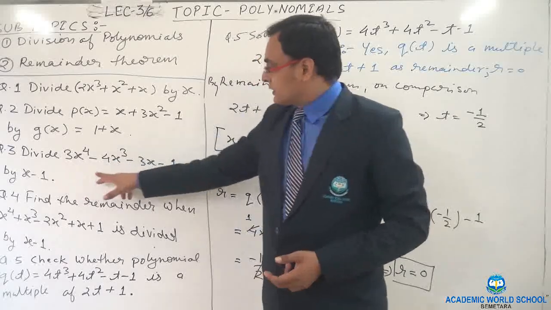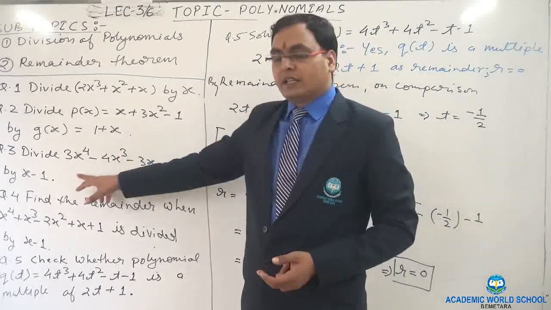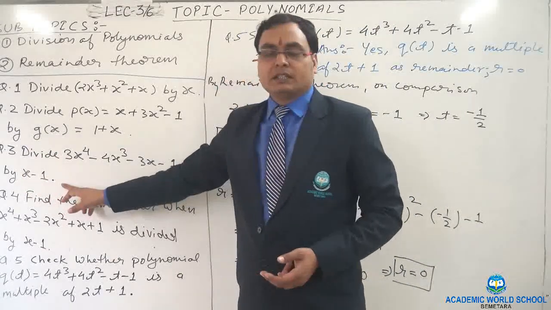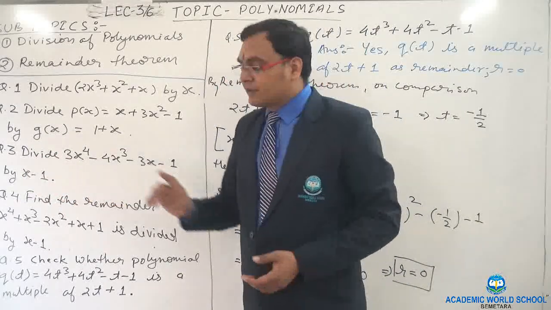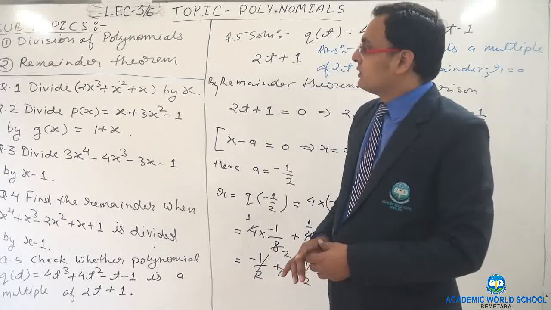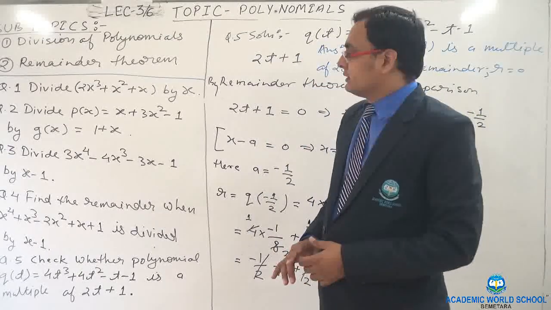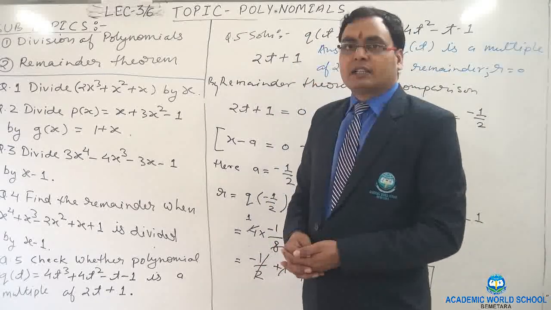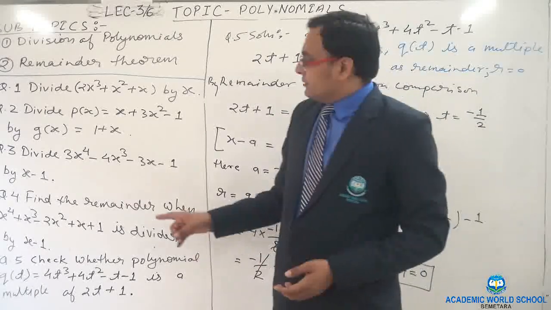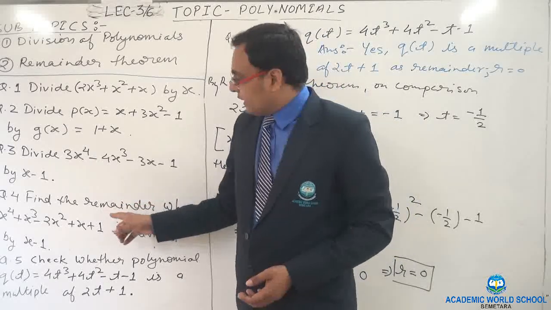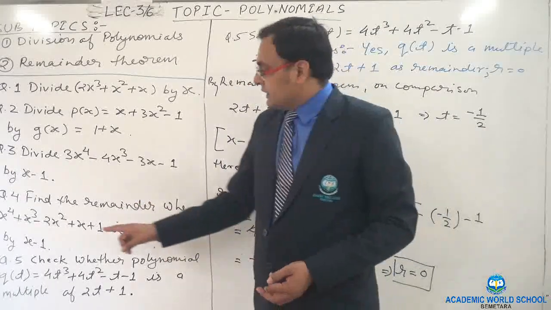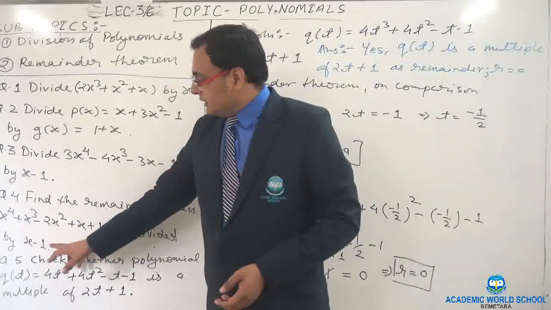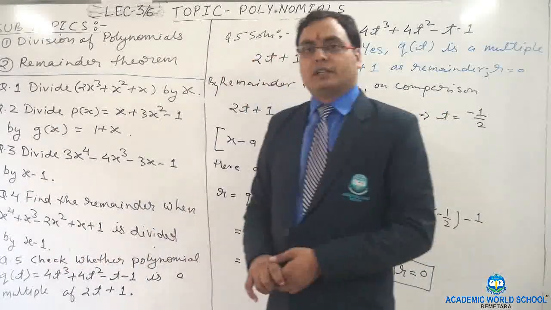Further, we discussed this long polynomial, which is a biquadratic having 4 terms, by this linear polynomial x minus 1. They are already in standard form. We divided them and got the quotient and remainder. After that we discussed the remainder theorem, the statement of remainder theorem, and we used the remainder theorem to find the remainder here in this question when we divided this biquadratic polynomial by this linear polynomial x minus 1.